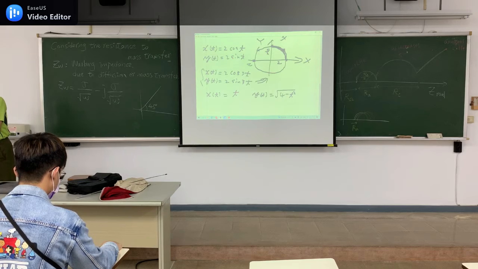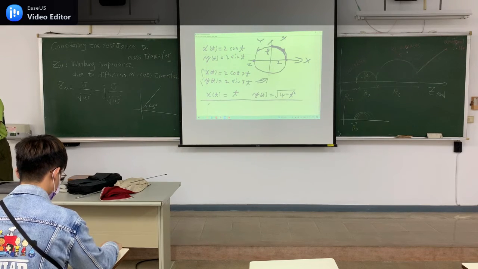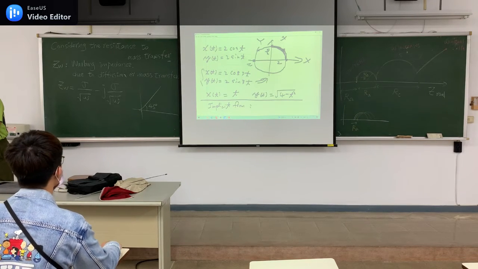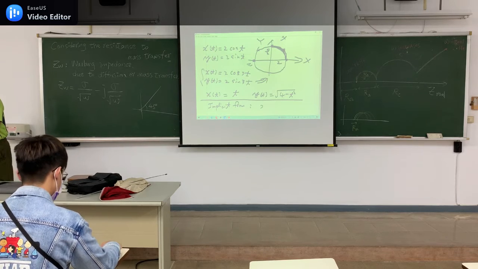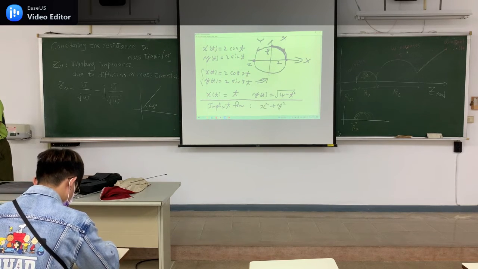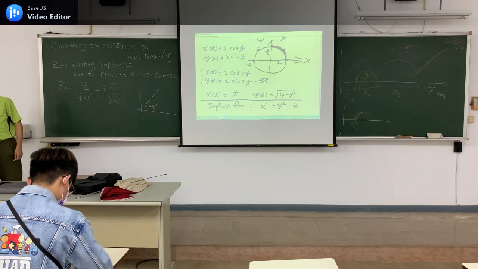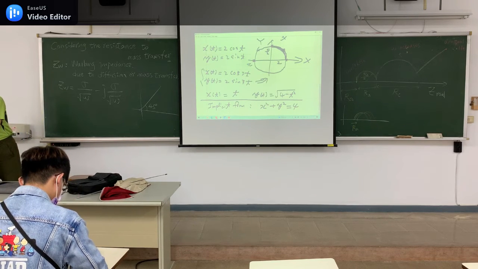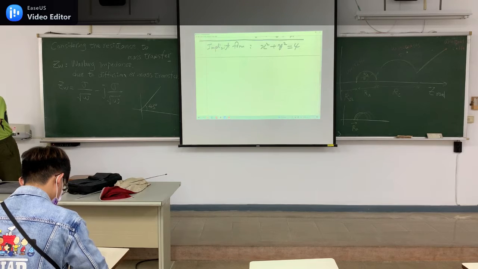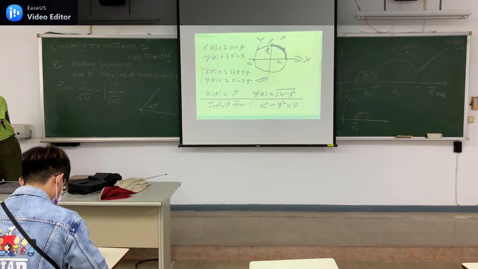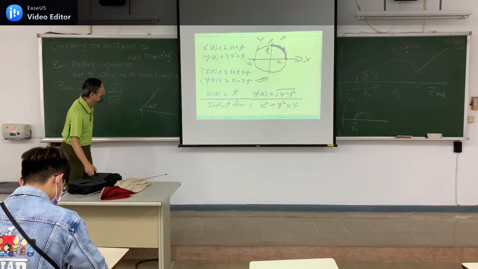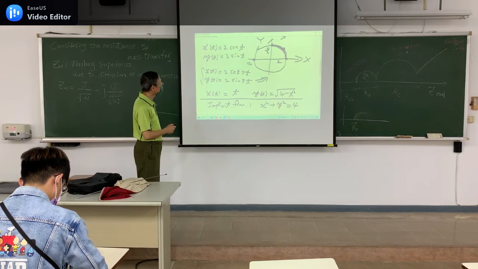For example, for this circular case, the implicit form is x squared plus y squared equals 4. This is the relationship between x and y.